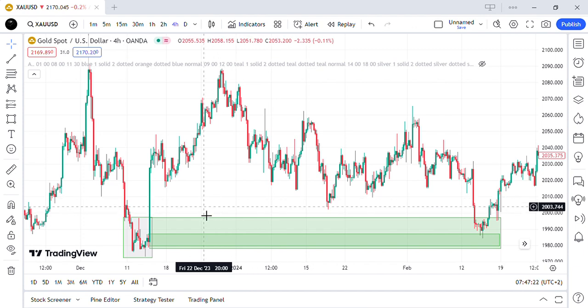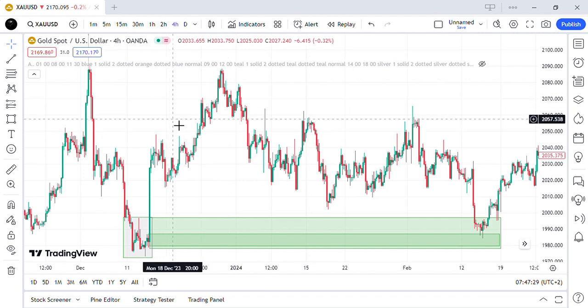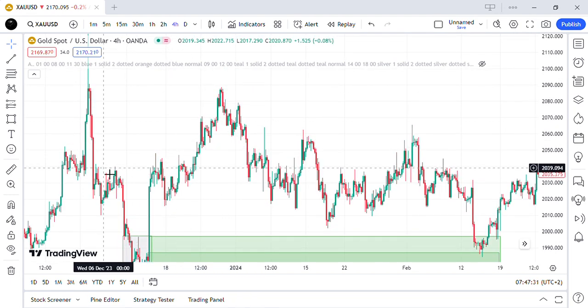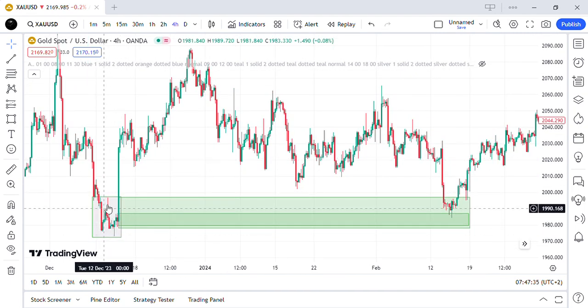Then after this an impulse movement took place and it broke the structure. So price was here for how many hours? Maybe days or something.